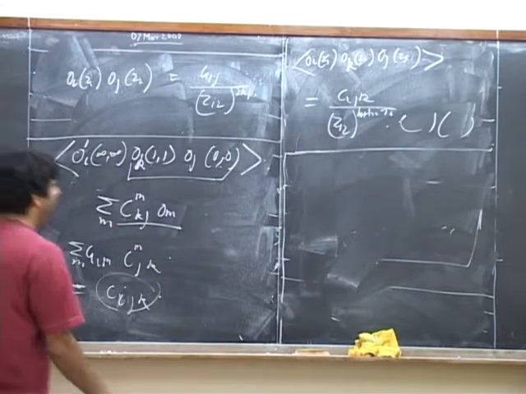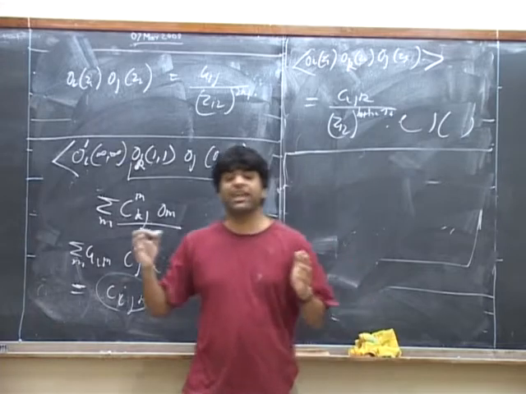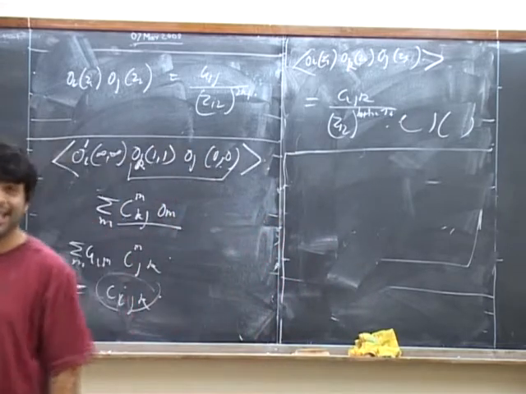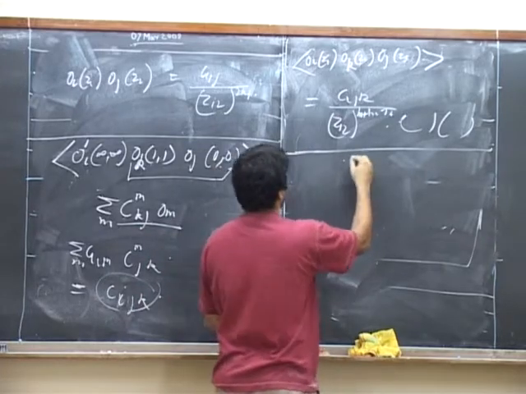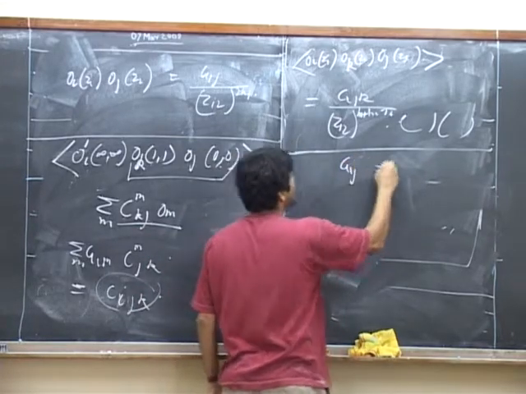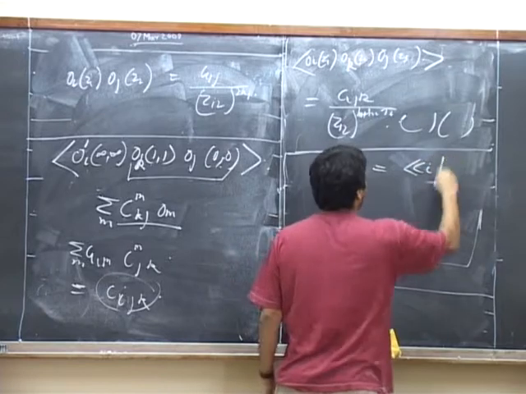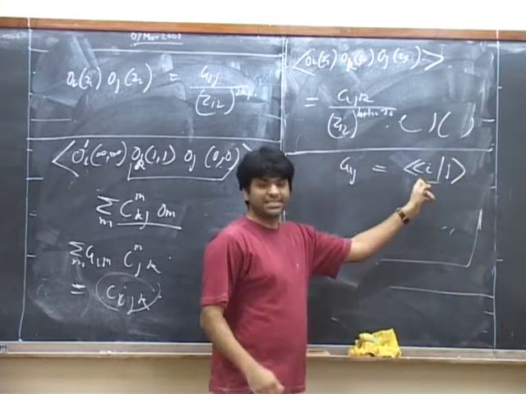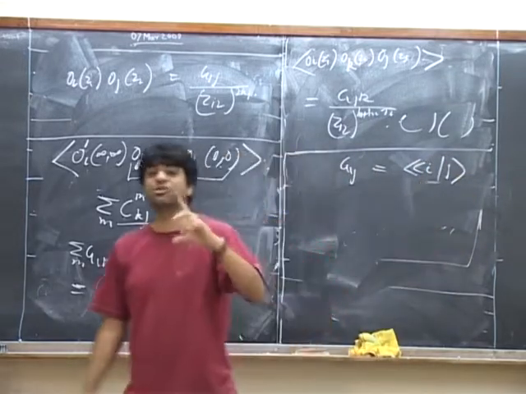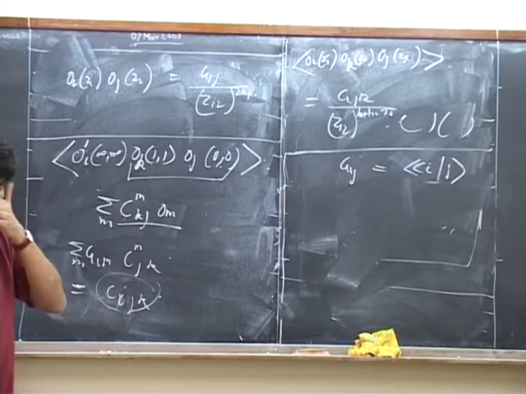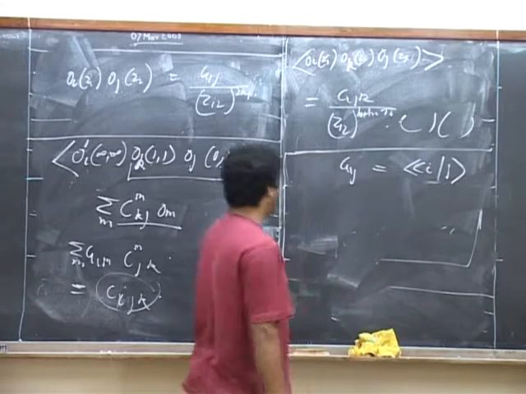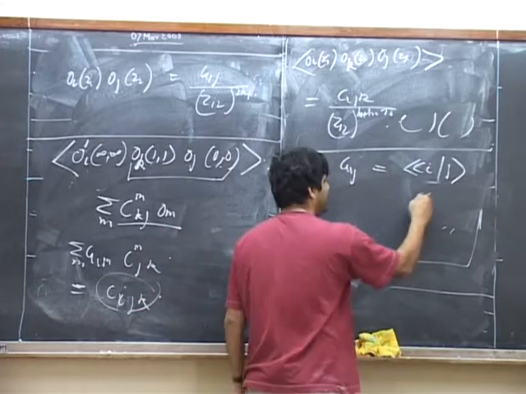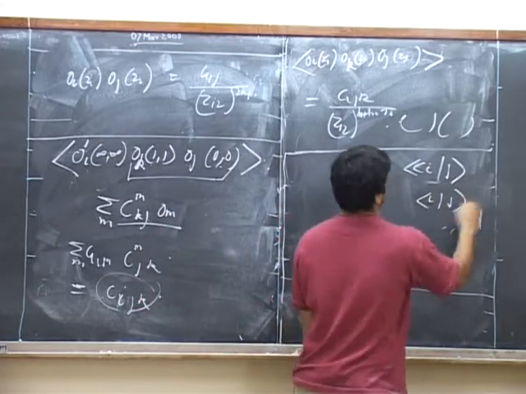Now, G_ij Polchinski denotes with a double line here, to tell you that it's not the usual quantum mechanical inner product. It's this pairing between wave functions. On the other hand, the usual inner product is denoted by angle brackets.